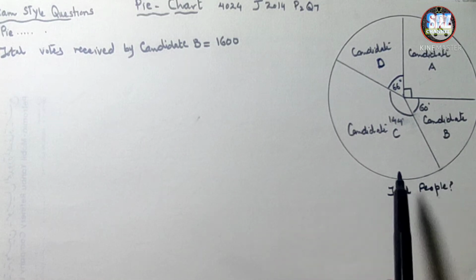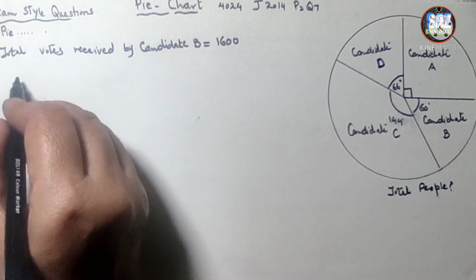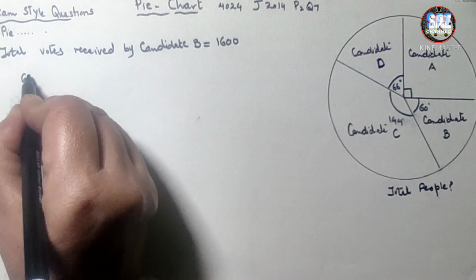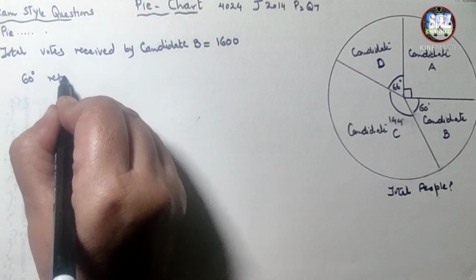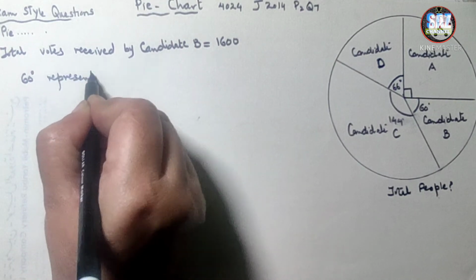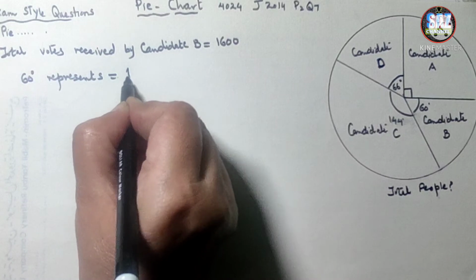If you look at the pie chart, we can see that 60 degrees represents total people 1600.